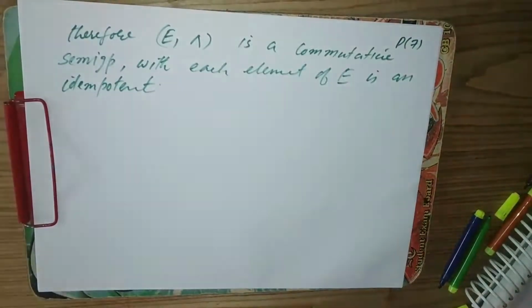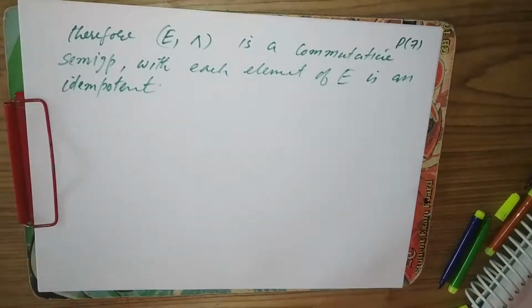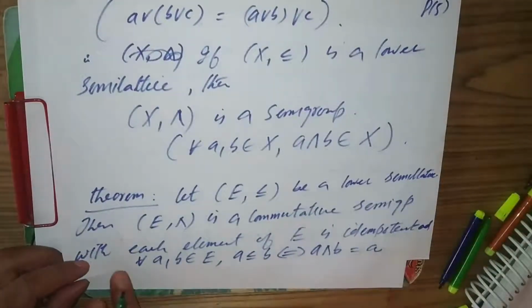So that proves this part. So this then is a commutative semigroup with each element of E idempotent.